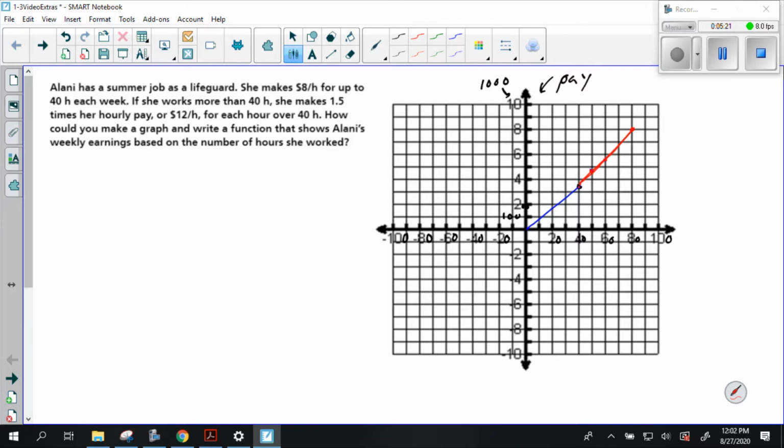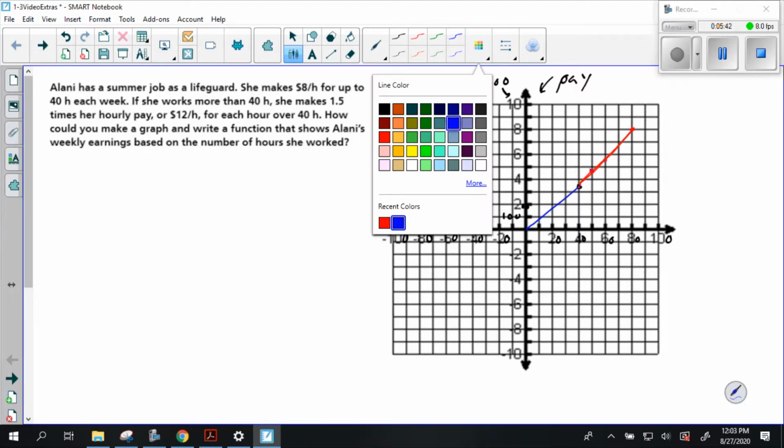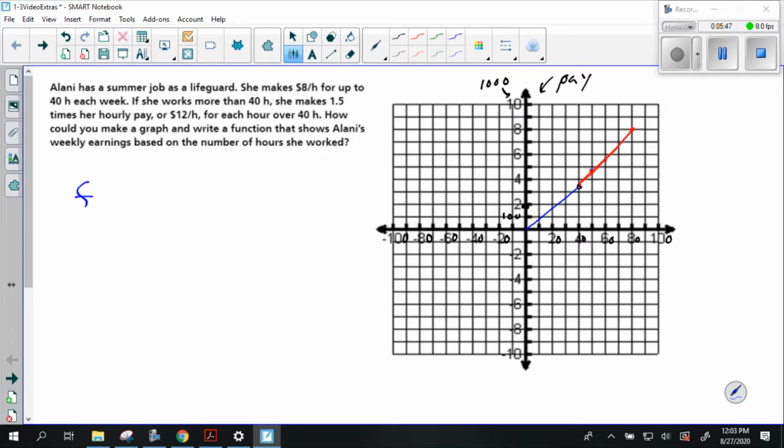So there we go. We've actually graphed this thing, right? So we made a graph, but how would we write a function that shows Alani's weekly earnings based on the number of hours that she works? Well, it looks like there are two of them, right? The one in the blue and the one in the red. So in the blue, that looks like f of x equals, what do we got? It's a slope of 8, right?